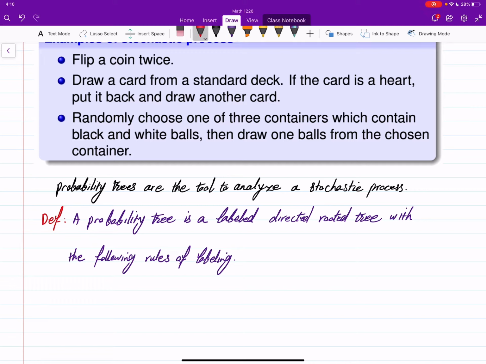Maybe you don't remember the terminology here, but directed means that it grows from one direction to another, and growth usually we do from left to right. Rooted means that everything starts from a node. We call it a root.